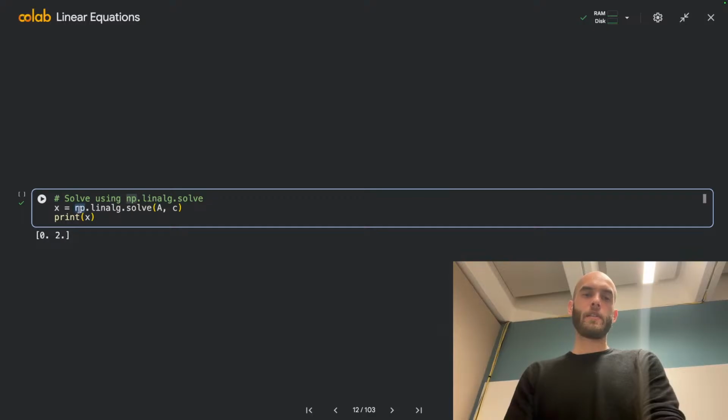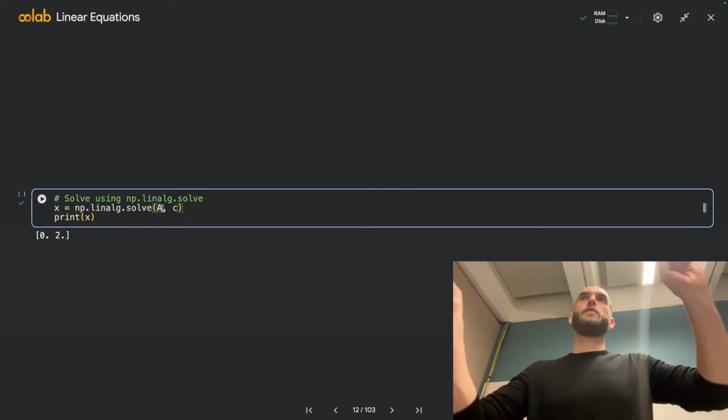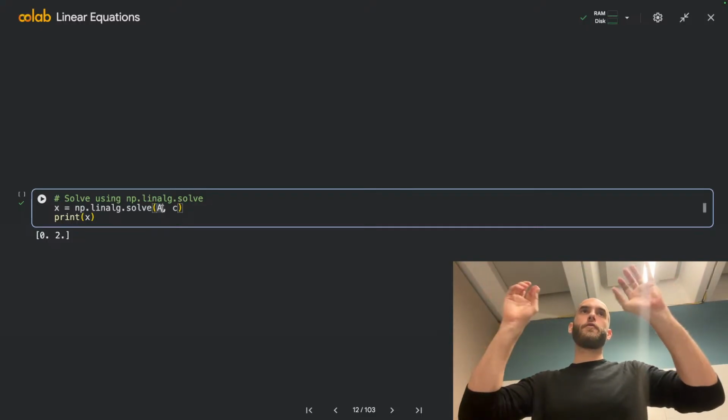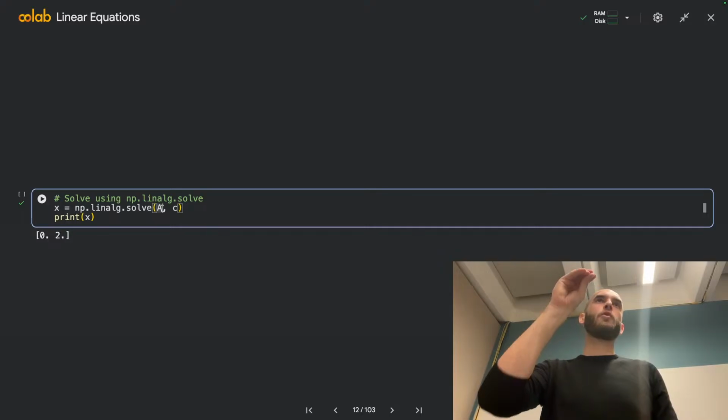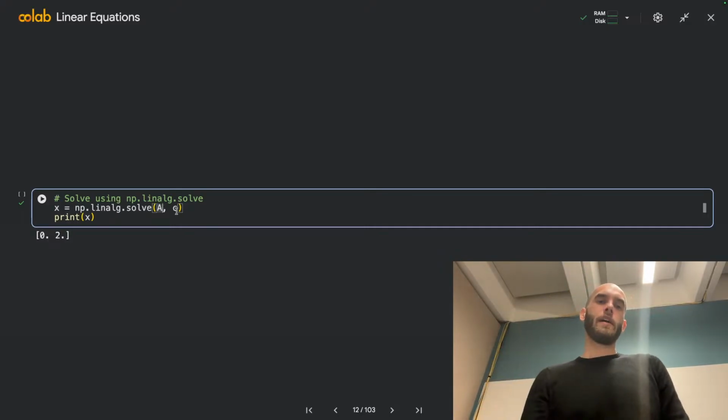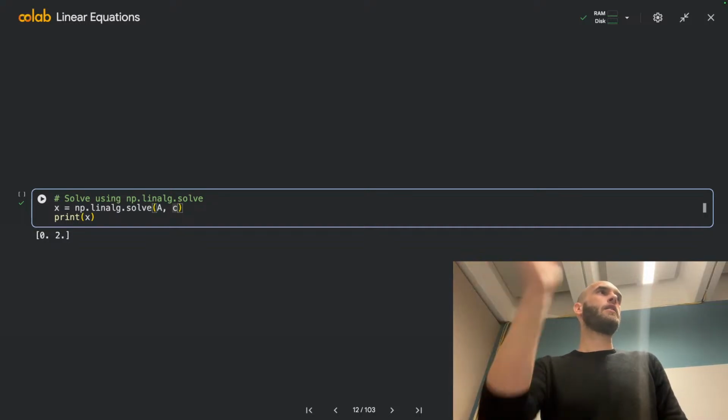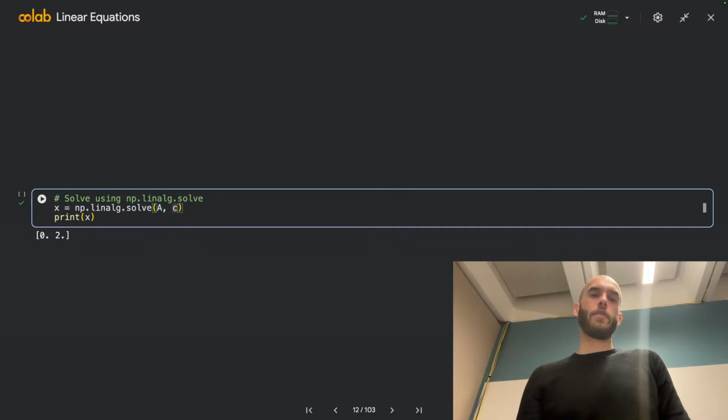This is np, which is the numbers package, what we call NumPy, and then we have linear algebra, so linalg.solve. We put in A as the first entry, the thing we're multiplying by x, and then our C, the thing we're setting it equal to.